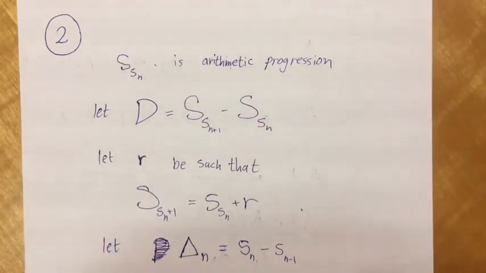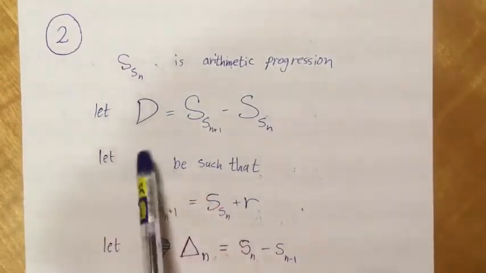Okay, so in the second part of this problem, we're going to examine what we're given in this problem and identify the important objects that we're going to deal with to solve the problem.